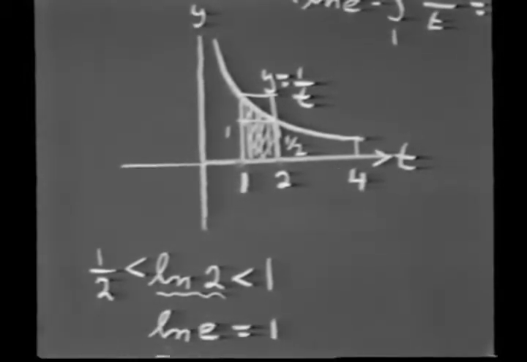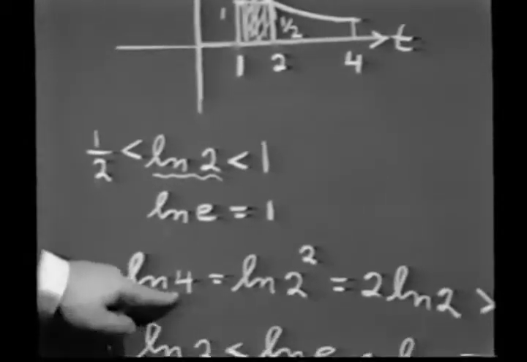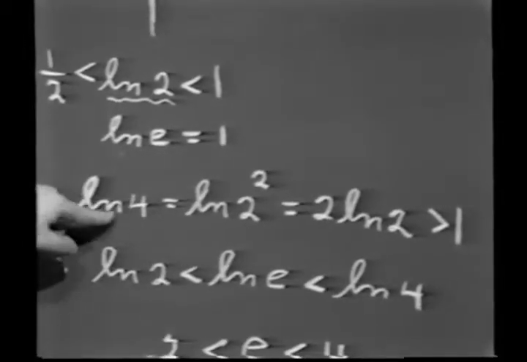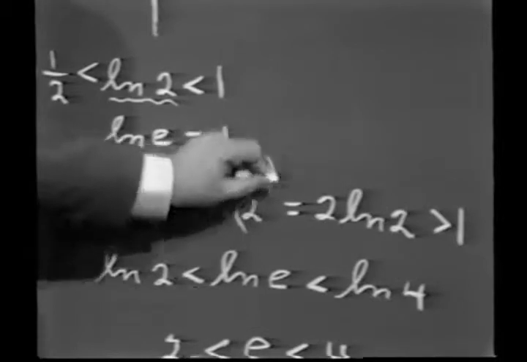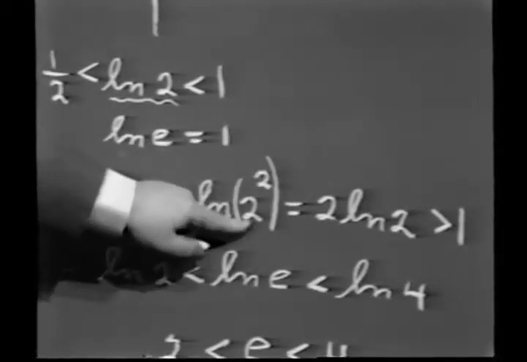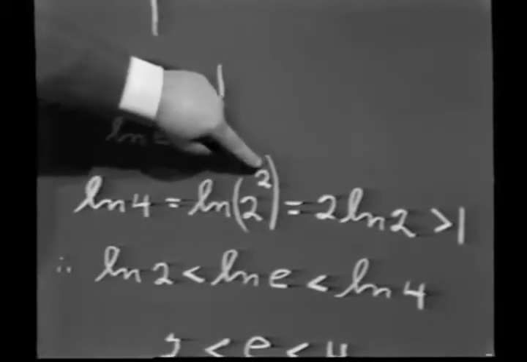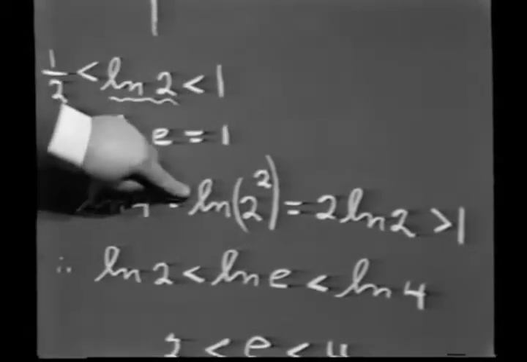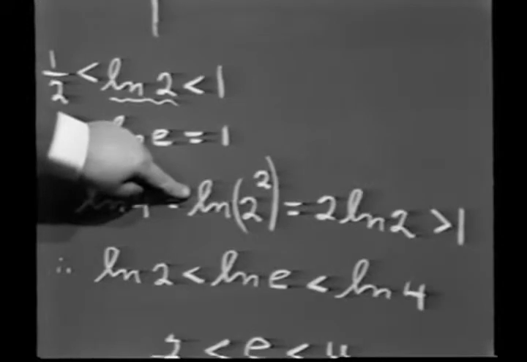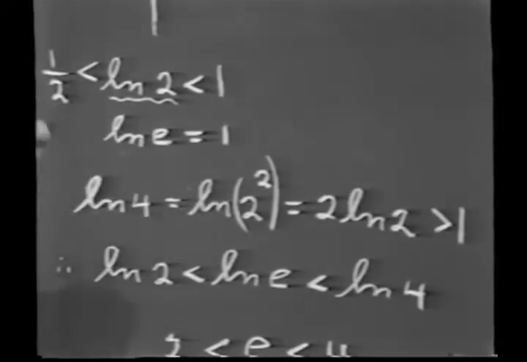Well, let's go on a little bit further. What about the log of 4? The natural log of 4 is the log of 2 squared, but we've already seen that one of the properties of a logarithmic function is that you can bring the exponent down as a multiplier. See, f of x to the n is n f of x.